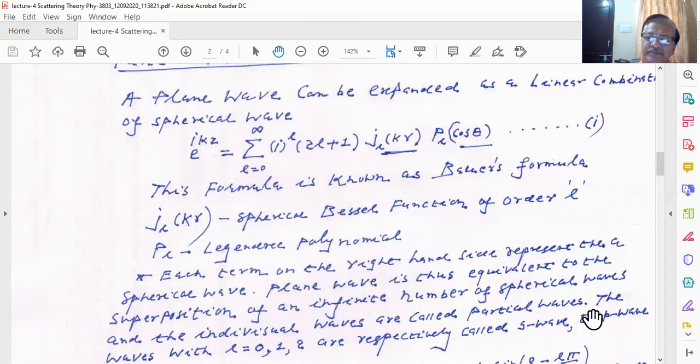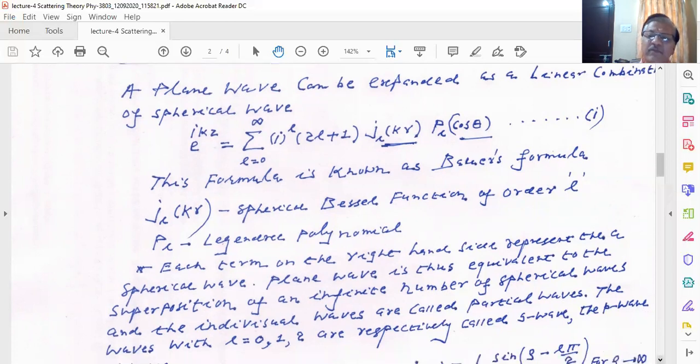And you see, the plane wave is the superposition of an infinite number of spherical waves, and each individual wave mentioned in equation number 1 is called a partial wave.